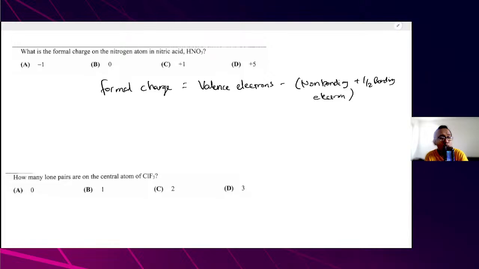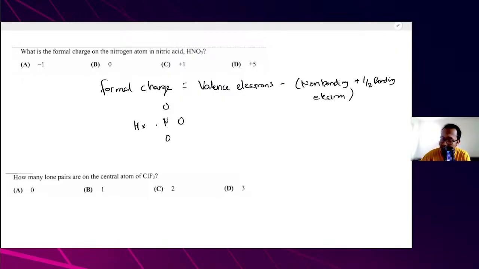Now what we need to do is take a look at the Lewis structure first. How to draw the Lewis structure of HNO3: just write down first N, O, O, O, kind of like this.